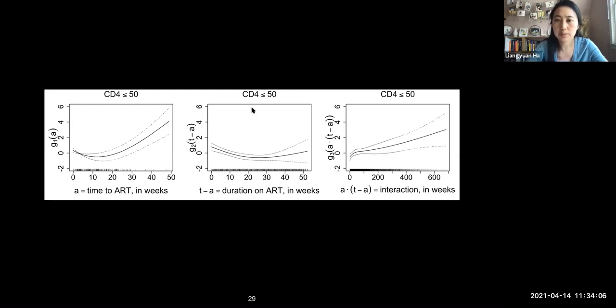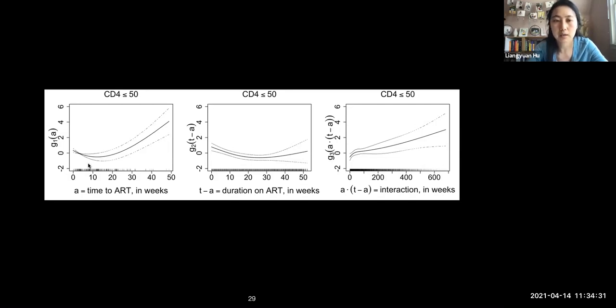So this picture shows the fitted 3 G functions from the data analysis. The first one, this is the instantaneous effect of treatment initiation, the G1 function. And this is U-shaped with the maximum benefit, or lowest mortality hazard, just after about 10 weeks.